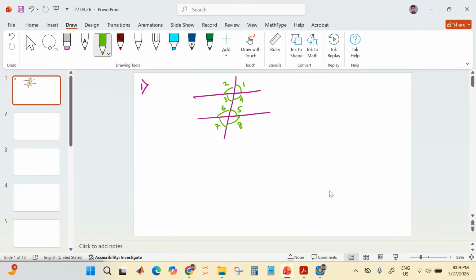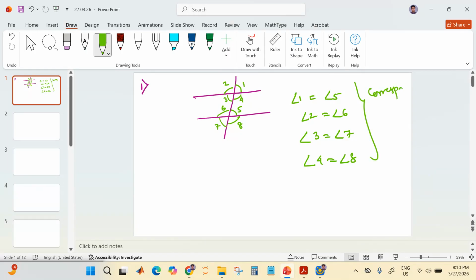What is the relation between corresponding angles? They are equal. We can write directly angle 1 equals angle 5, angle 2 equals angle 6, angle 3 equals angle 7, and angle 4 equals angle 8. The reason is that all are corresponding angles, so they are equal.